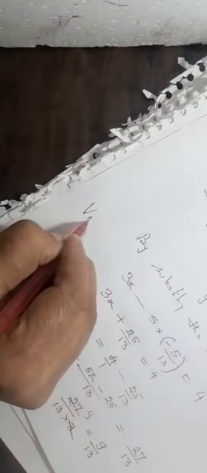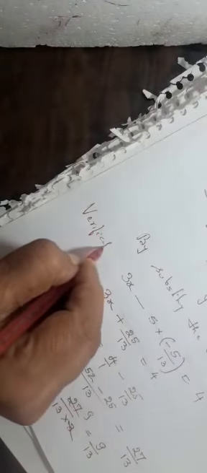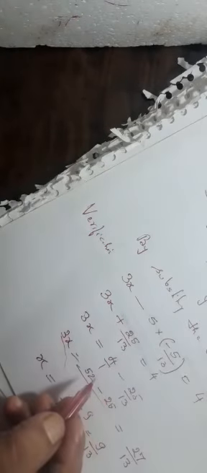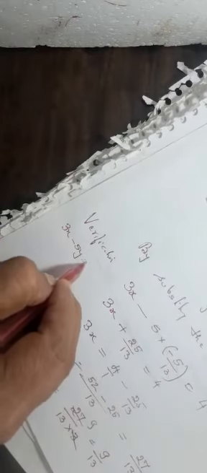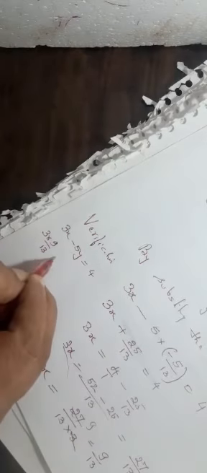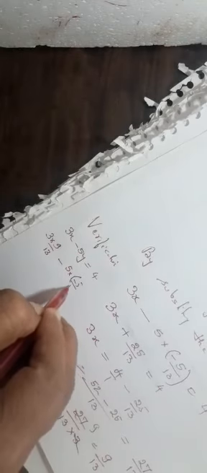Now I'll do the verification, whether my answer is correct or not, I wanted to see. Now 3x minus 5y is equal to 4. So 3 into 9 by 13 minus 5 into y, y is minus 5 by 13. This should be equal to 4.